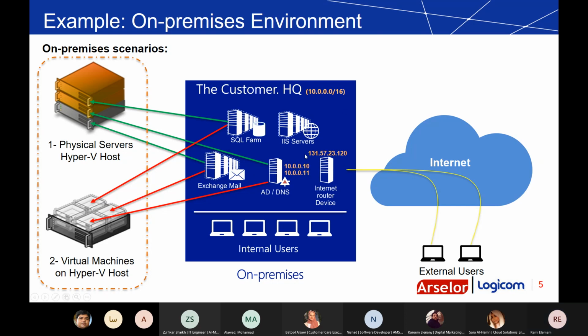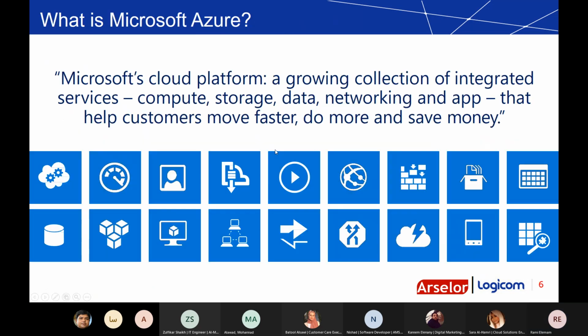So this is what I would like to start with. Each company has some internal users or external users who need to be connected to use those servers. That was what some companies are using now, before the cloud innovation came to us.